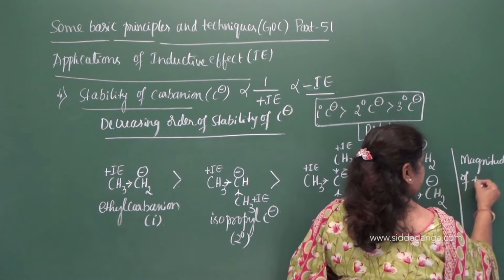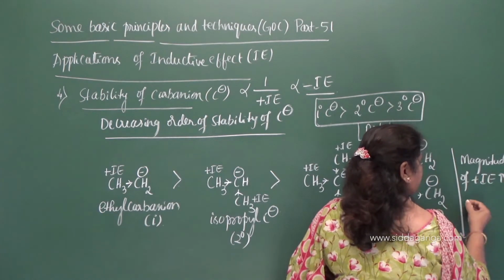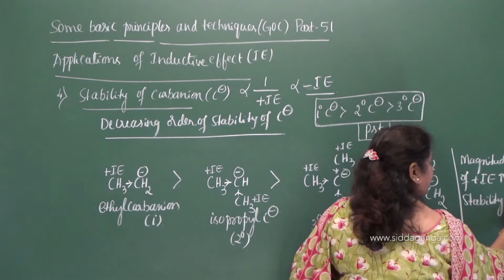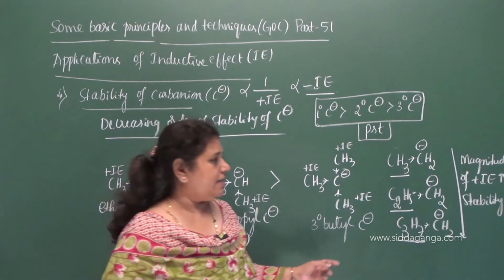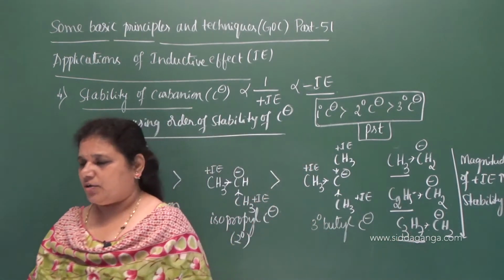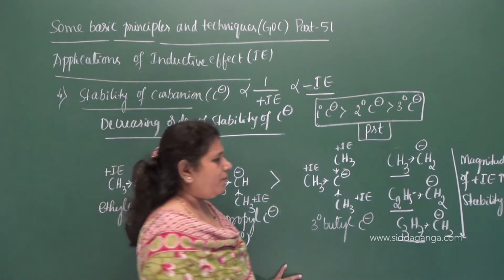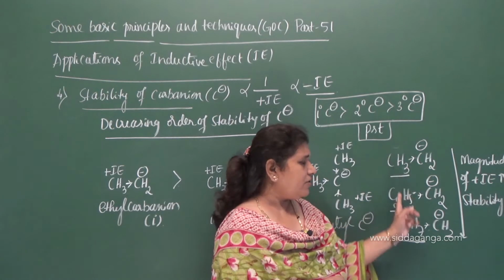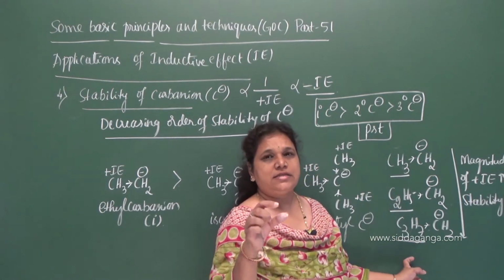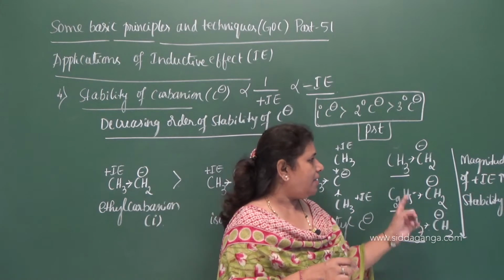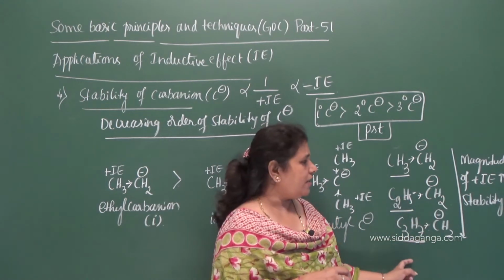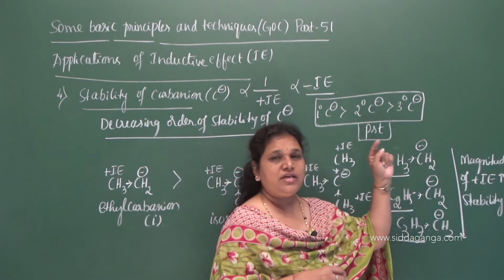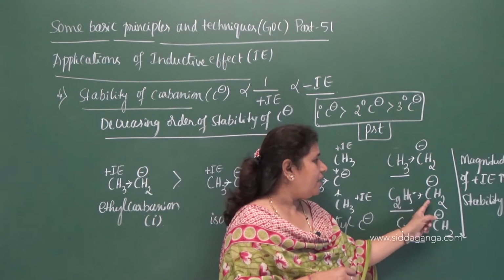Therefore, stability decreases. The magnitude of positive inductive effect from methyl to propyl group increases, and stability decreases. So you have to note this down: among the primary carbanions, as the size of the alkyl group increases, the magnitude of positive inductive effect increases and stability decreases. So ethyl carbanion is more stable than propyl carbanion.